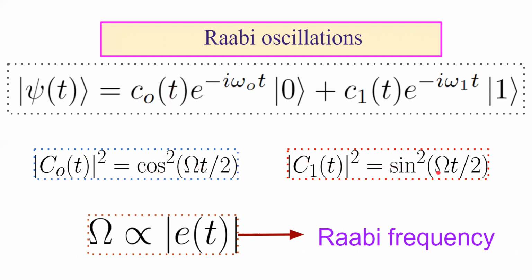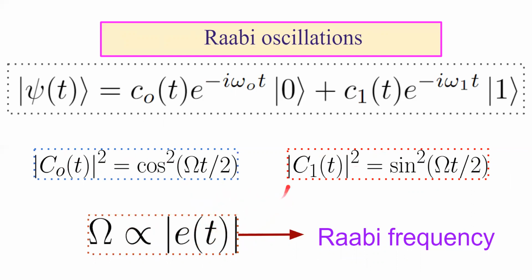Cos square of something and sine square of something. So what happens is that this omega is a frequency which we call the Rabi frequency, a frequency by which these probability amplitudes evolve with time and they oscillate. And this Rabi frequency is proportional to the magnitude of the drive pulse that we had given.